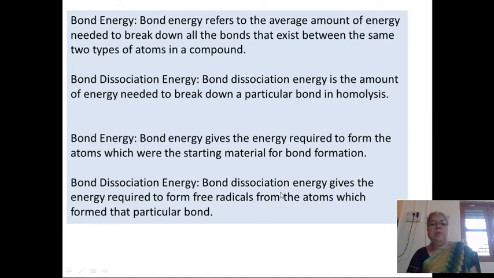That means the bond dissociation energy gives the energy required to form a free radical from the atoms at that particular bond.